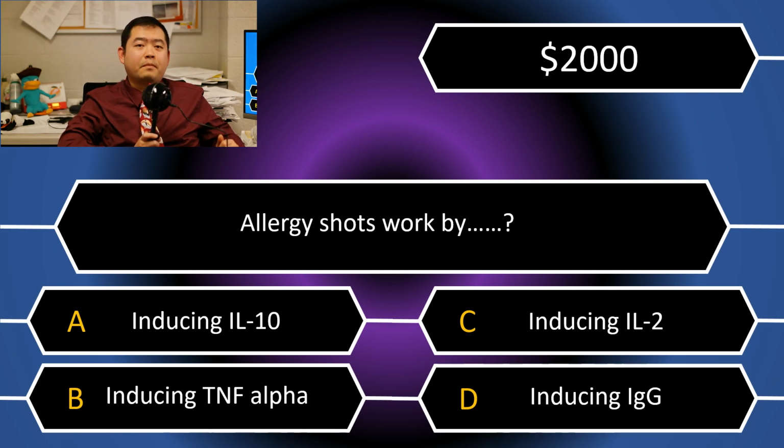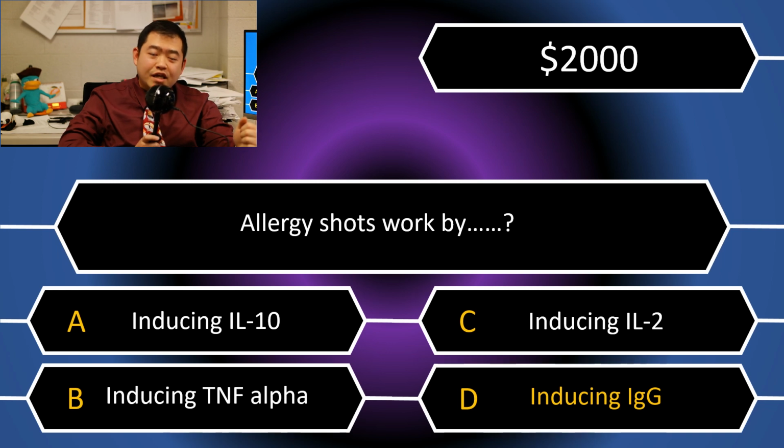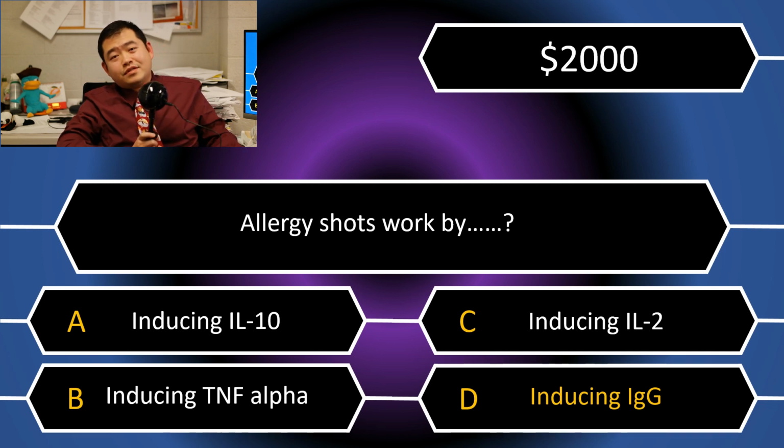What is the final answer? So it is D, inducing IgG. You got the $2,000 question, I hope. That's an awesome job.